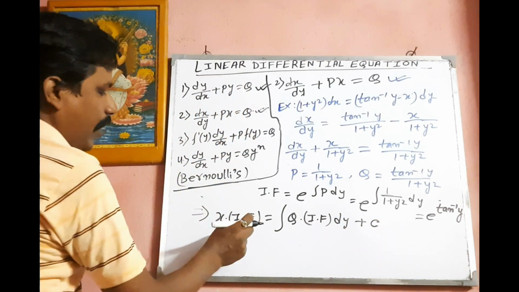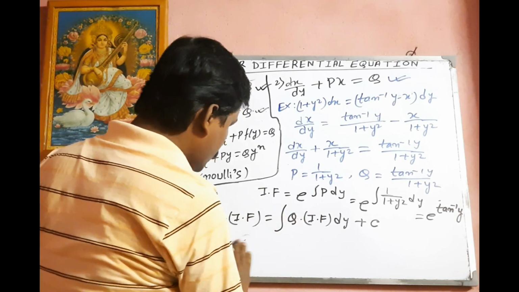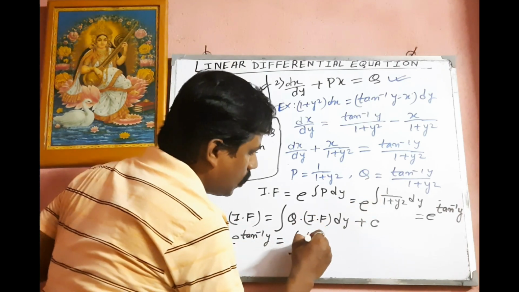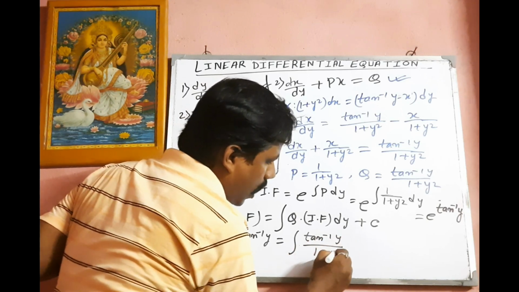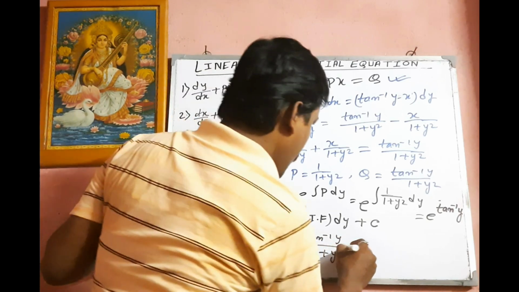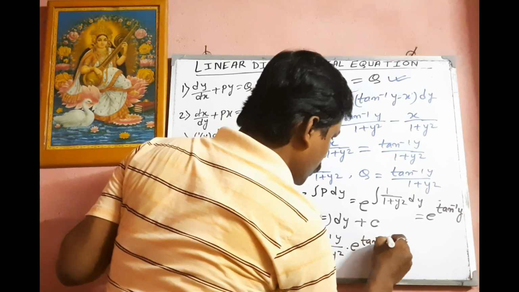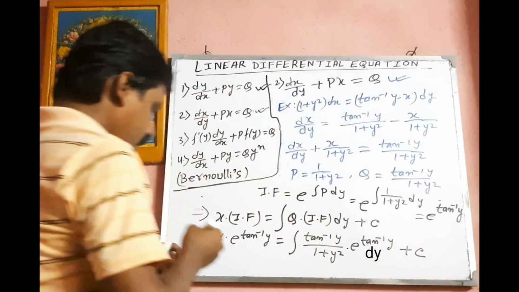Now putting the value of IF, we get x into e to the power tan inverse y, and putting the value of Q equal to tan inverse y divided by 1 plus y square, and IF equal to e to the power tan inverse y dy, and c is a constant.